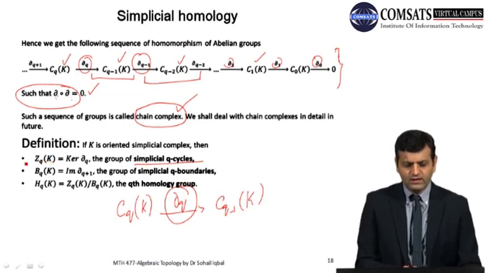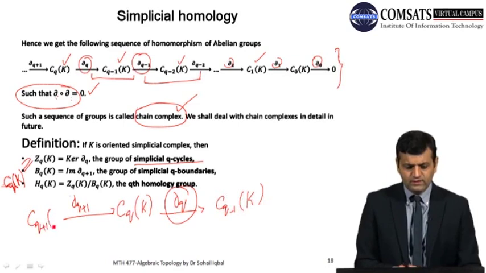So Z_q(K) lives inside C_q(K), and this is the set of all elements whose images are 0 inside C_{q-1}(K). B_q(K) is basically the image of partial q+1 from C_{q+1}(K). So we have this boundary map from C_{q+1}(K) to C_q(K).